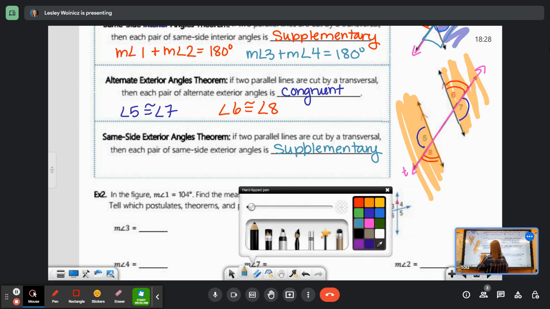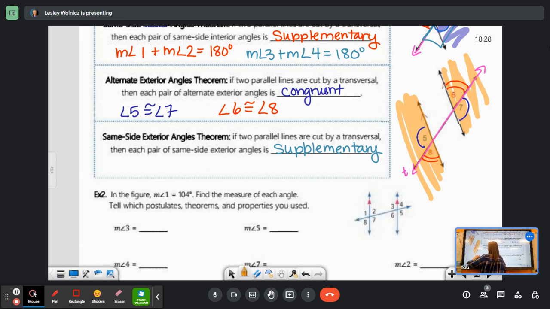So if I look at angle 5 and angle 6, those are on the same side of my transversal, and they're exterior, their measures have to add up to 180. So the measure of angle 5 plus the measure of angle 6 is 180 degrees.